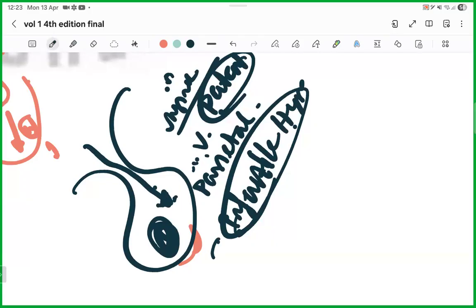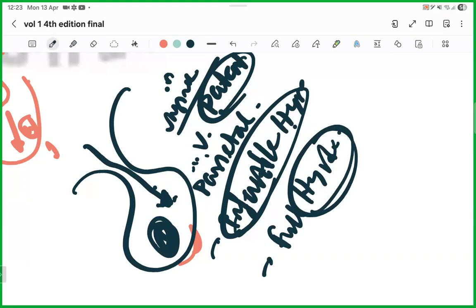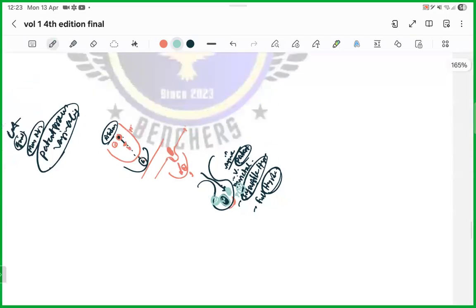That's not infantile hydrocele. That's full hydrocele, or hydrocele. And they ask you where is the fluid? Fluid is in between the parietal layer of tunica vaginalis and the visceral layer of tunica vaginalis. Simple. They will ask you about where is the fluid.